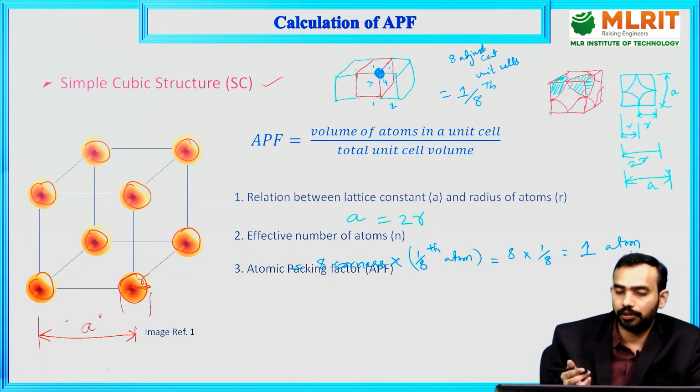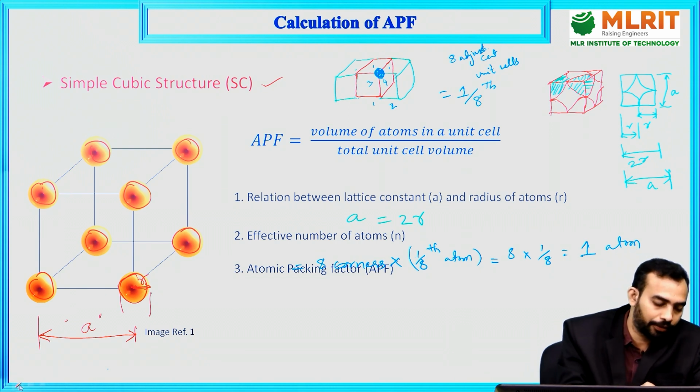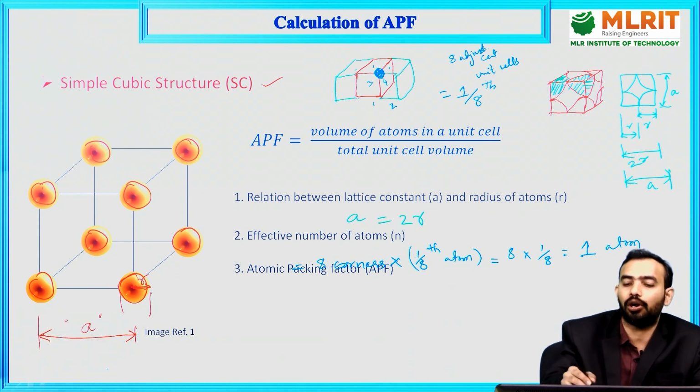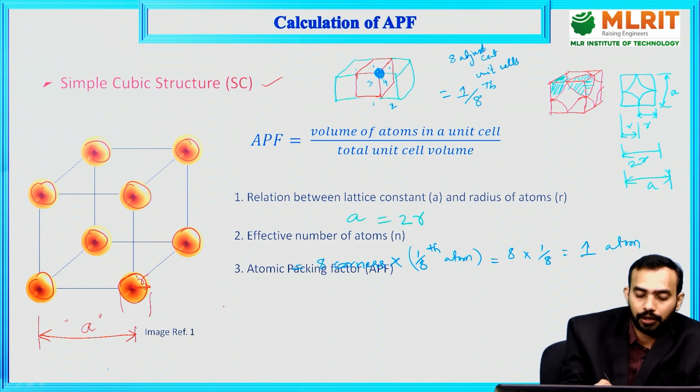Then we'll try to calculate the APF, the atomic packing factor. So what is the definition of atomic packing factor? The atomic packing factor is the volume of atoms occupied in a unit cell to the total unit cell volume. So how do I write it?